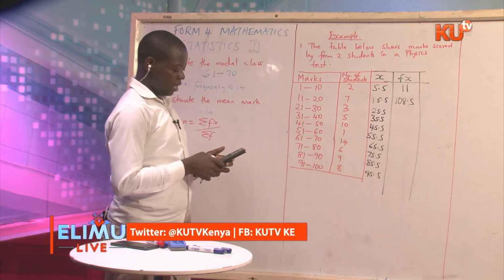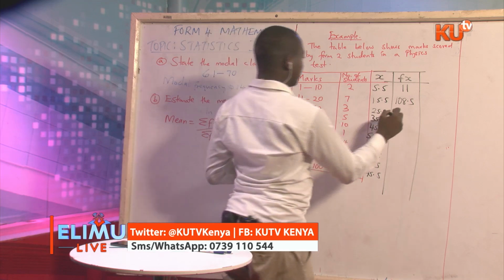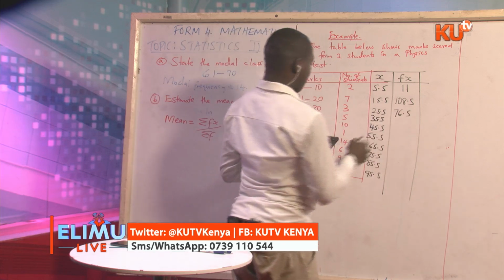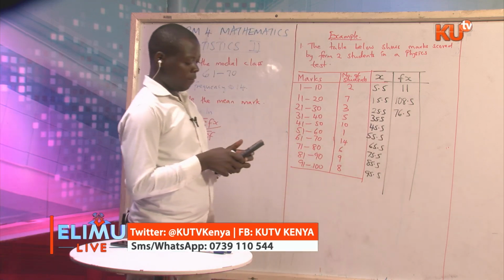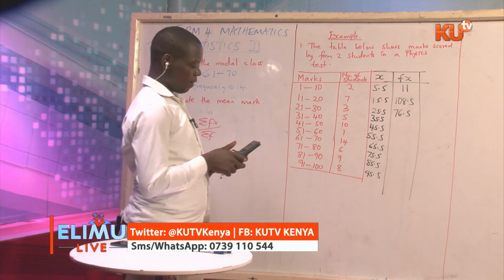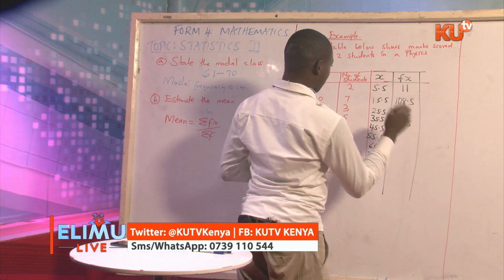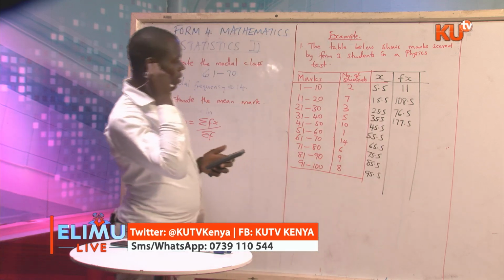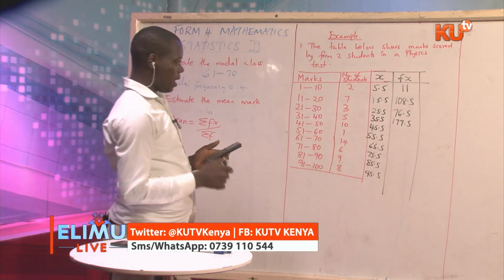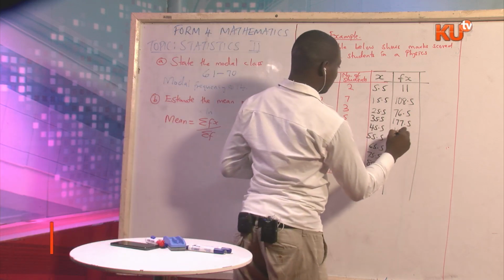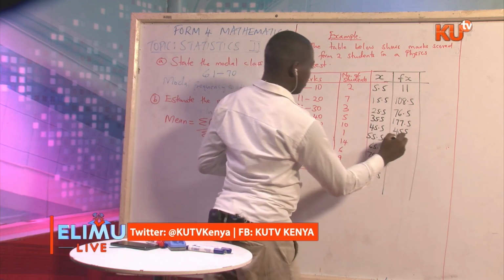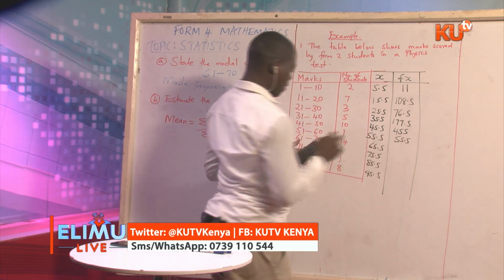25.5 times 3, that gives us 76.5. 35.5 times 5, that gives us 177.5. And then this gives us 455. This remains 55.5.